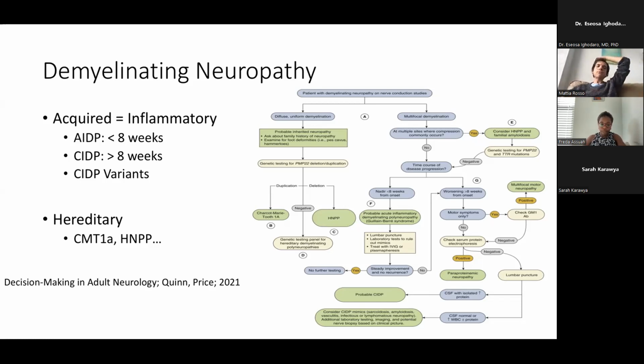Now, this will not be a talk on AIDP in and of itself, because it will take its own talk, but a couple of things that I think are really important to recognize for AIDP is making sure that the respiratory function is good. And there is something called the 20-30-40 rule, where you can measure the forced vital capacity, the mean inspiratory fraction, and the negative inspiratory flow.